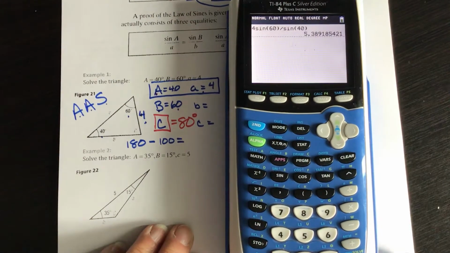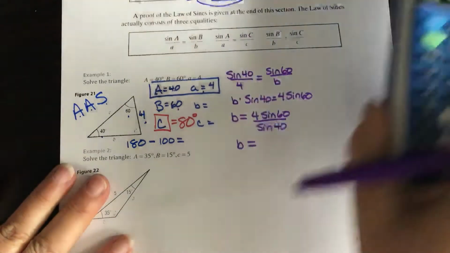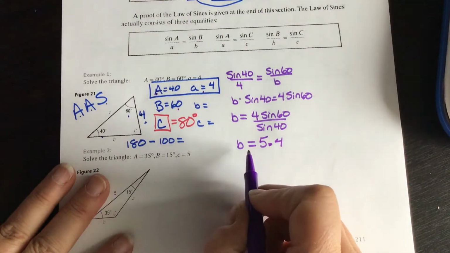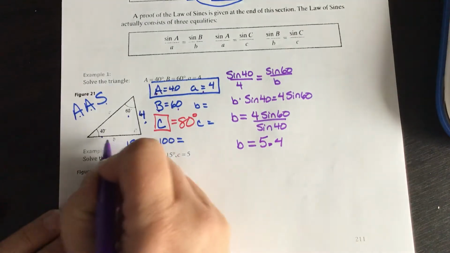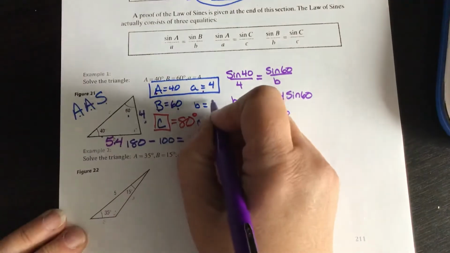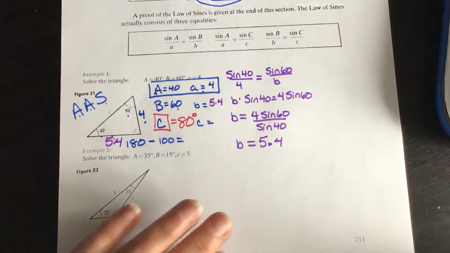And that gives me a length of 5.38. Let's call that 5.4. Okay, so that was side b. So that's this side down here. This is 5.4, and we're good with that.